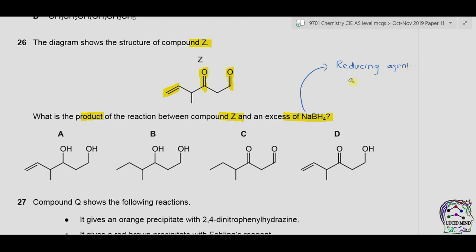It has no effect on alkenes, while it can reduce aldehydes back into primary alcohol, and it can also reduce ketone back to secondary alcohols.